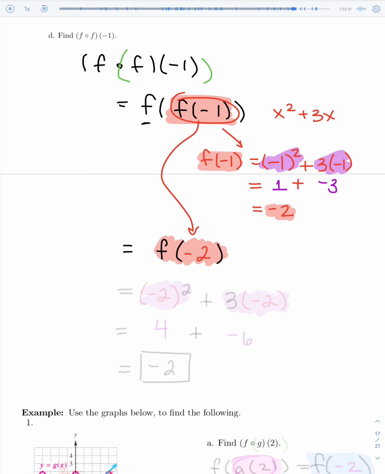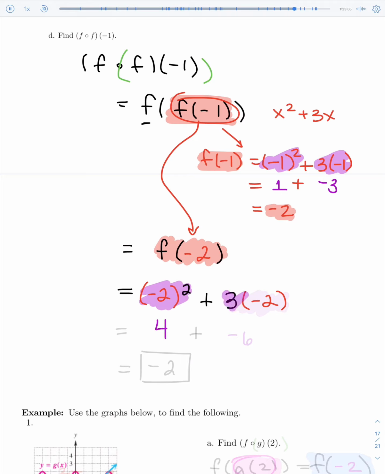So as a reminder, our f function looks like something squared. Well, what we're plugging in for x is a -2. So that'll get squared plus 3 times x, which is again -2. So we'll do our order of operations doing our exponents first, which is the -2 squared, which is a +4.